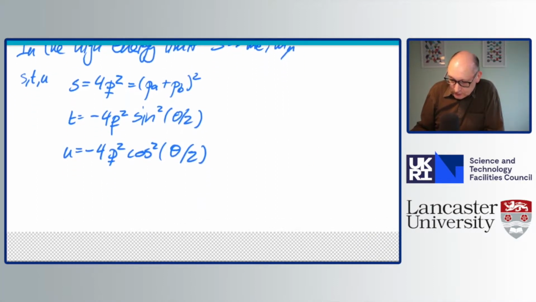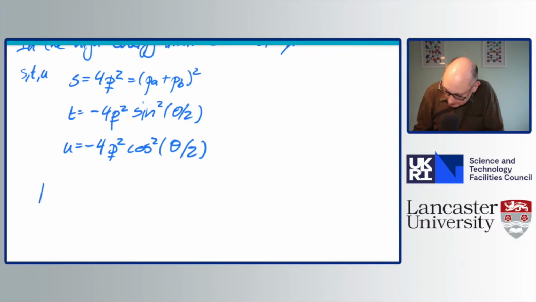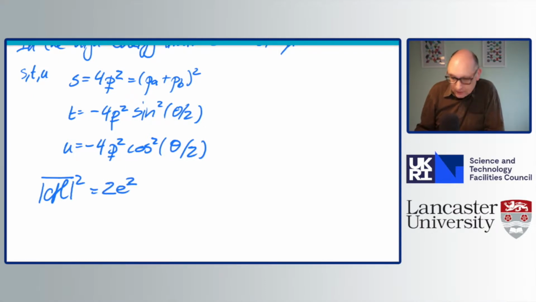And using those, we can express the spin averaged matrix element squared as twice the charge squared, (s squared plus u squared) over t squared.